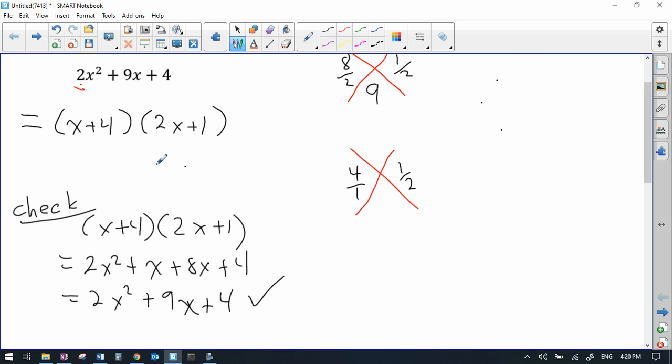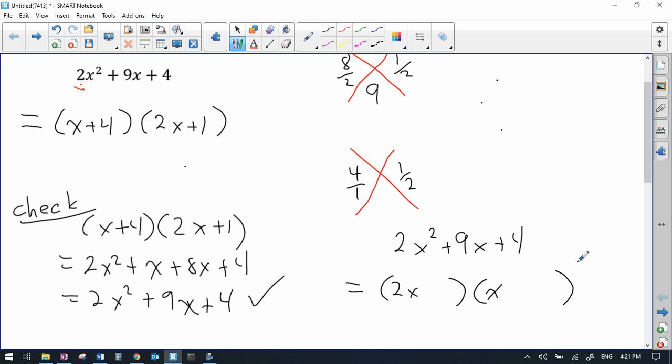Now, I'd like to point out that you could definitely get this by guessing and checking. If I imagine that I were to try this problem again, I notice a couple things when I factor. First of all, there's really only one way to get a 2x squared, and that's 2x times x.